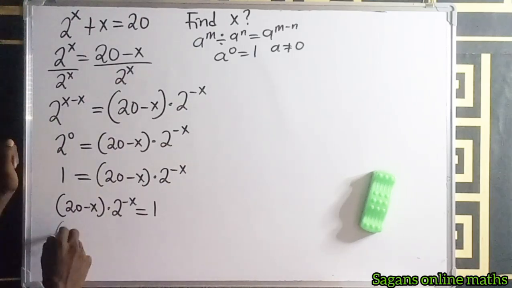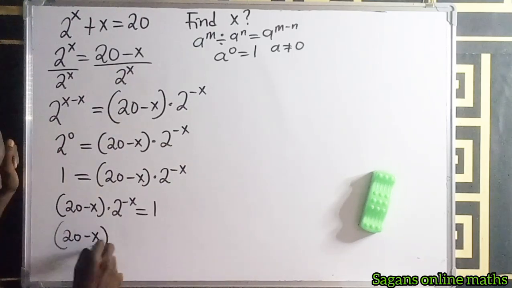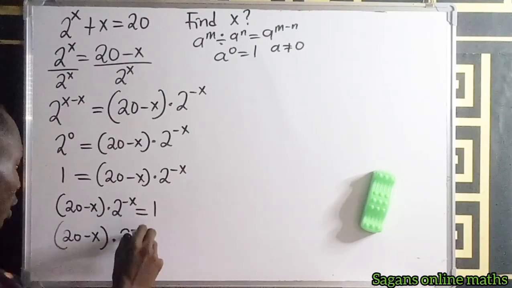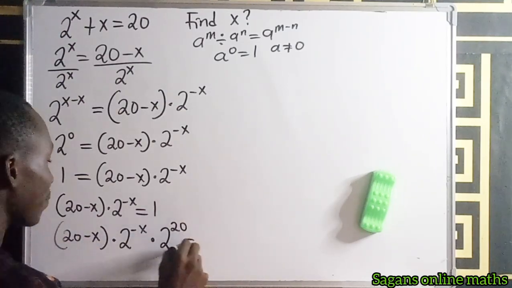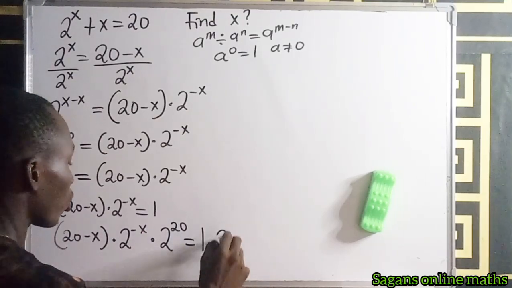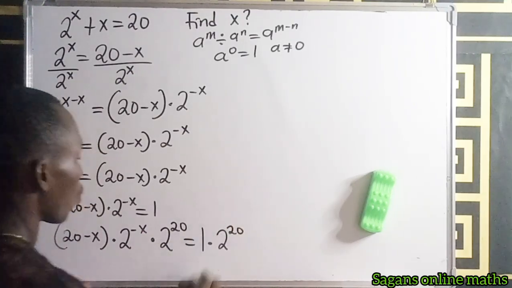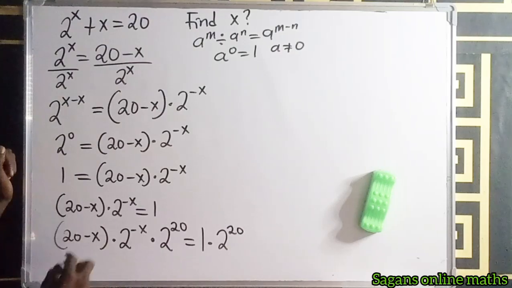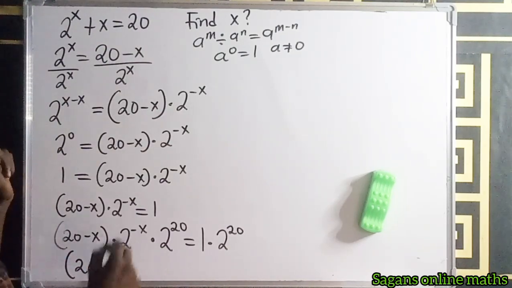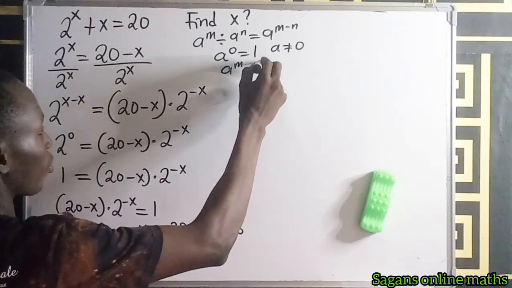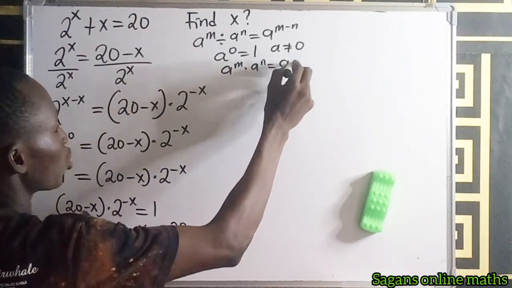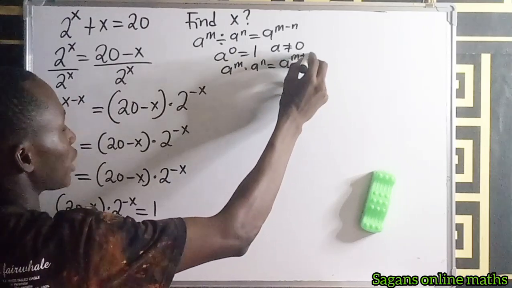So this is 20 minus s multiplied by 2 to the power of minus x multiplied by 2 to the power of 20, because we're multiplying both sides by 2 to the power of 20. Wow, this is amazing. So we're going to have this: remember that a to the power of m multiplied by a to the power of n is always equal to taking a single base and adding the exponents.